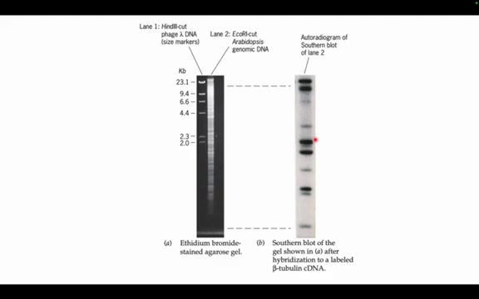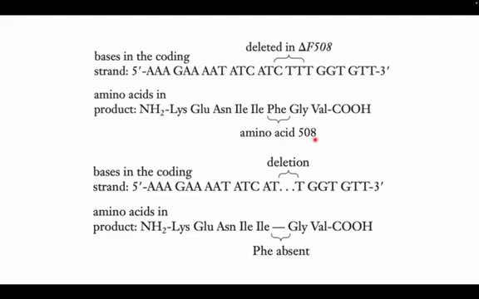So what would we be using southern blots for? Just as a case study, we'll look at a case of cystic fibrosis. Cystic fibrosis arises as a result of deletion of a certain phenylalanine, F508, within this gene. So this is the wild type, where we have the coding strand which produces this phenylalanine 508.